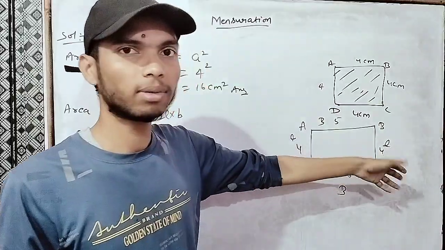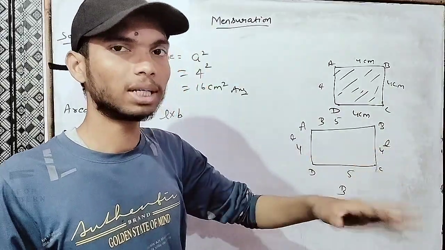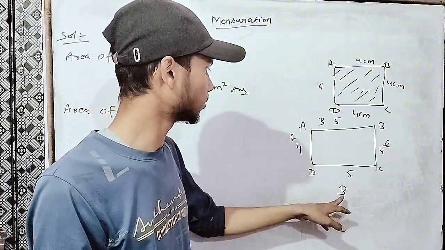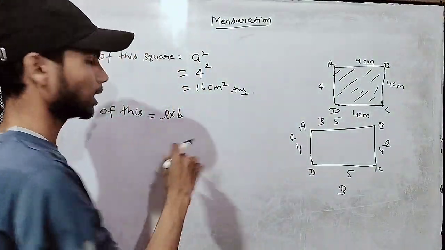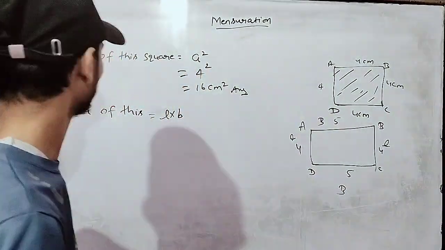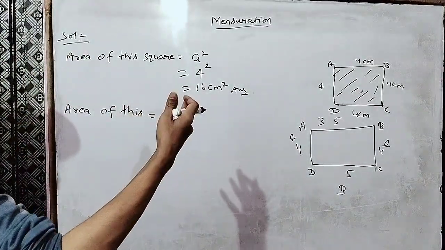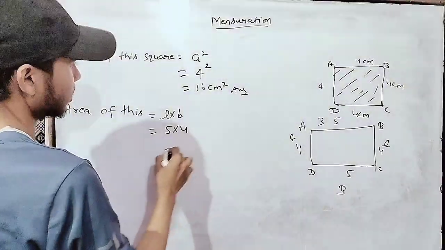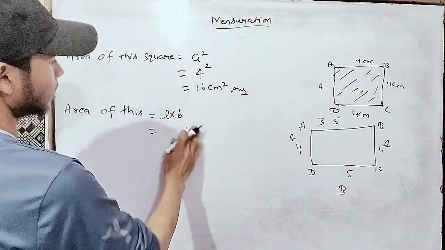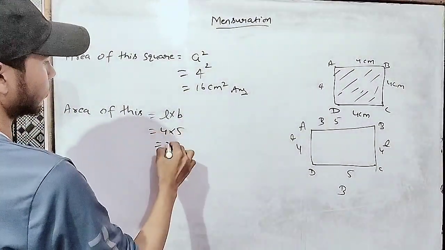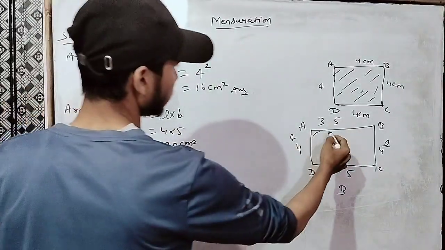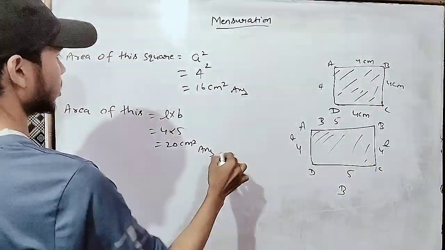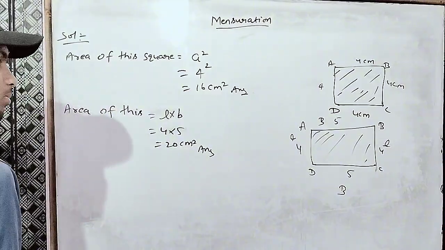Here we have length again, so instead of taking it two times, we take L one time, then B. It will happen in the case of area of solid shapes. L is 4 and B is 5, so 20 centimeter squared. So this covered area is 20 centimeter squared. I hope you understood something.